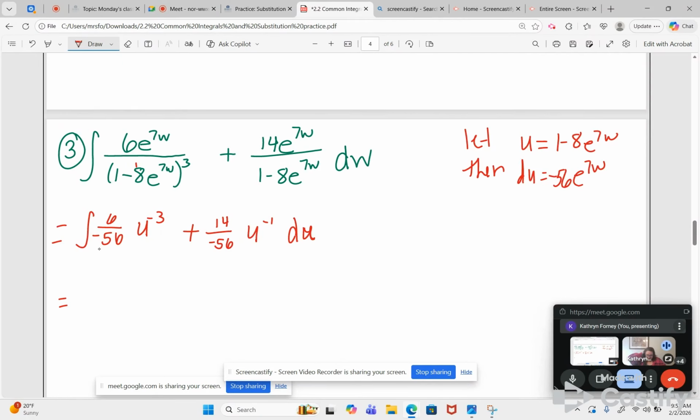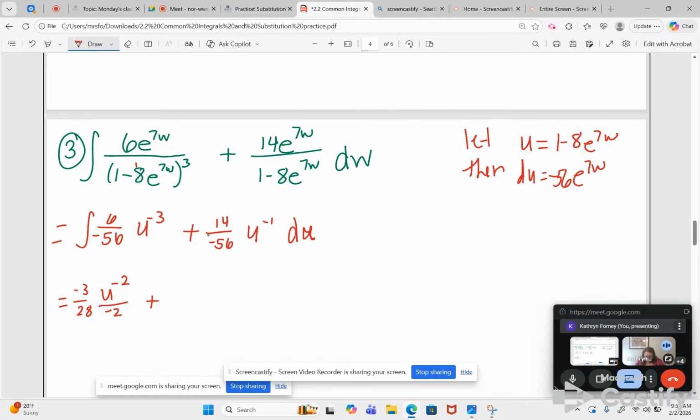So now that's 6 over negative 56 can reduce to 3 over 28. And then u to the negative 3 would become u to the negative 2 divided by negative 2.